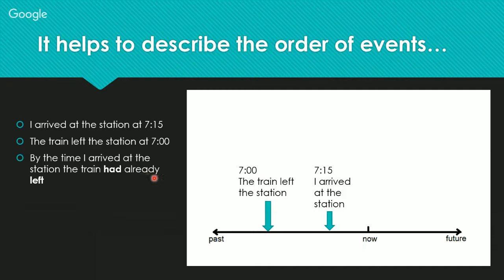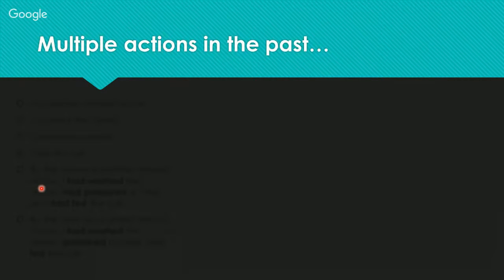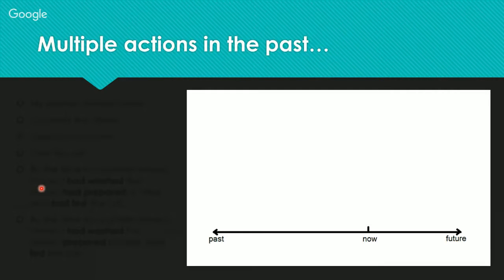And we use already a lot with the past perfect because it always goes between the auxiliary and the past participle. Right? And when we're talking about multiple actions in the past, we follow a similar pattern.